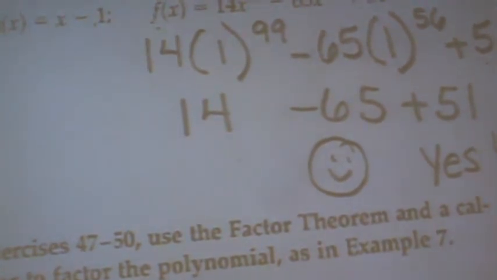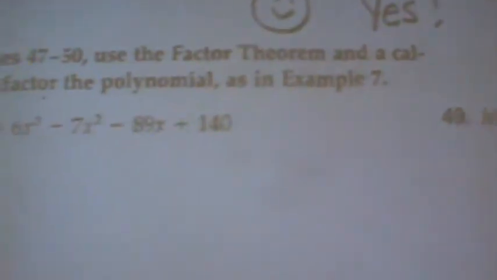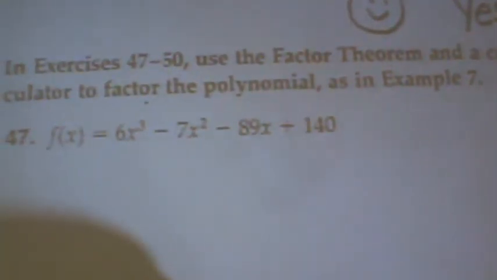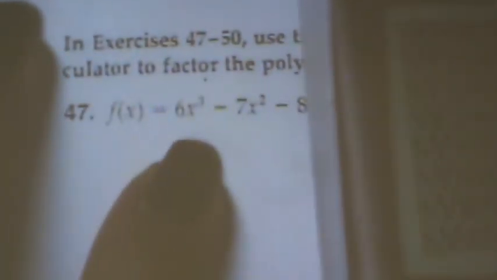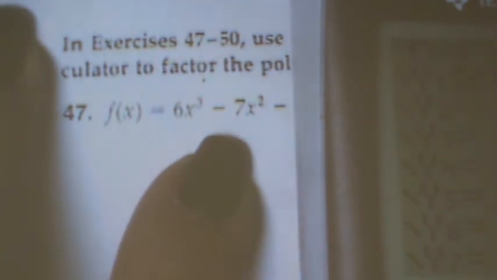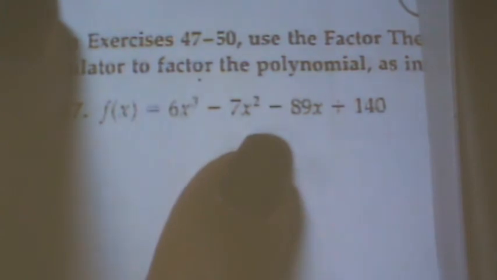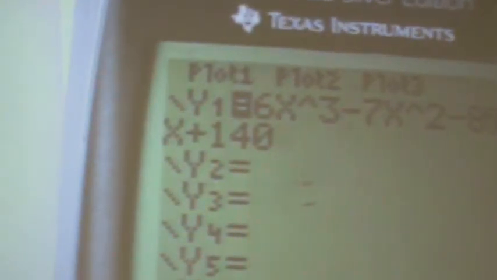I'm just going to show you really quick how you would type 47 and 49 in your calculator. Well, we're going to type in 6x to the 3rd power minus 7x to the 2nd power minus 89x plus 140. We did this in chapter 2, right?